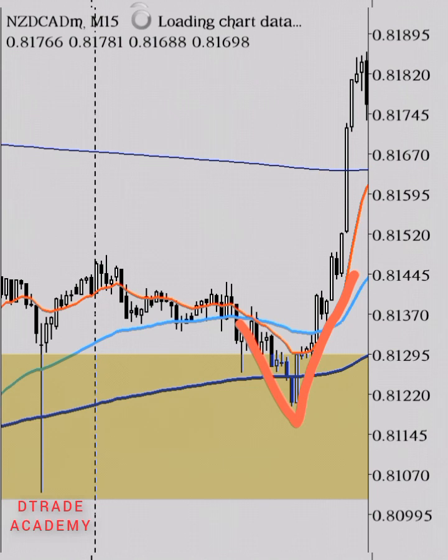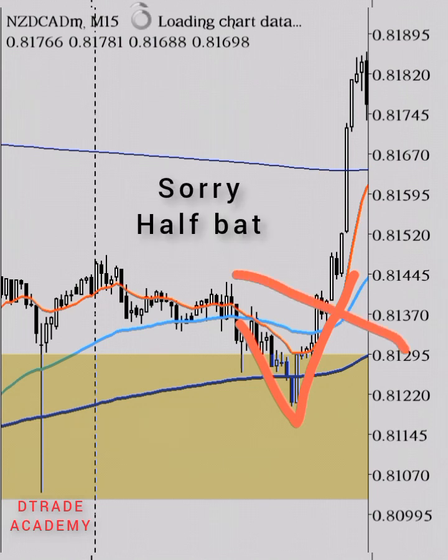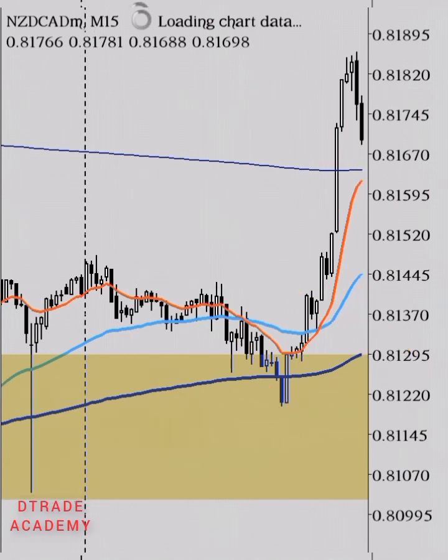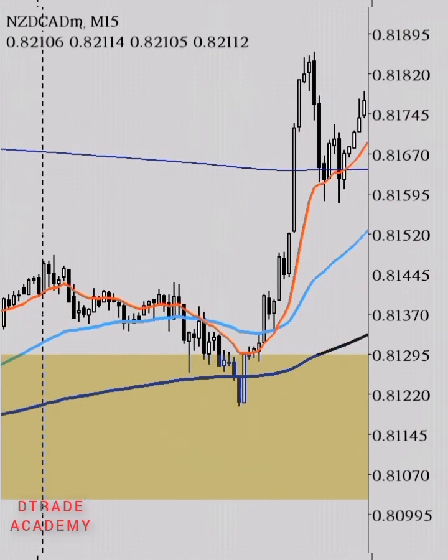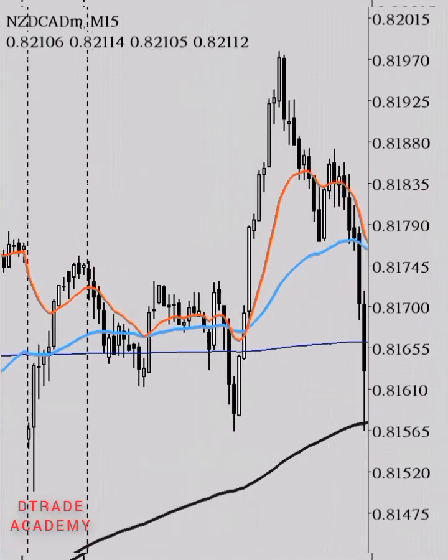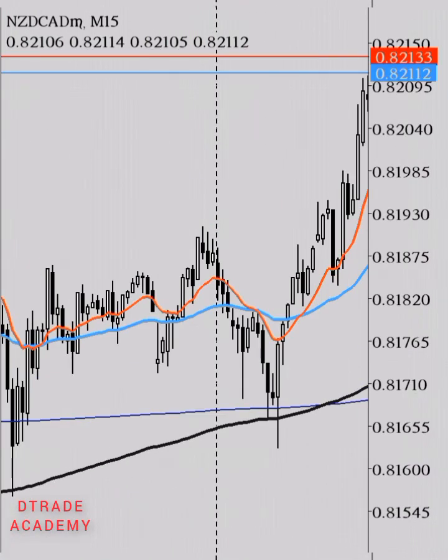So this is also good in picking trades, half BTMM. In as much as price didn't take out this low, this is also good in picking trades, and you stand to make so much profit. You can see how the market moved, how the market bought.